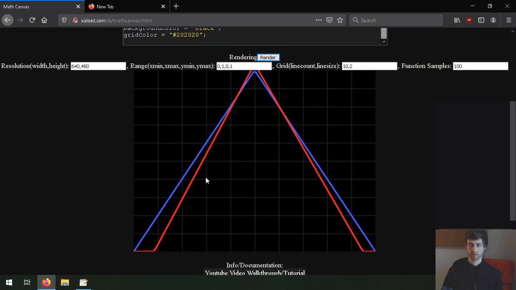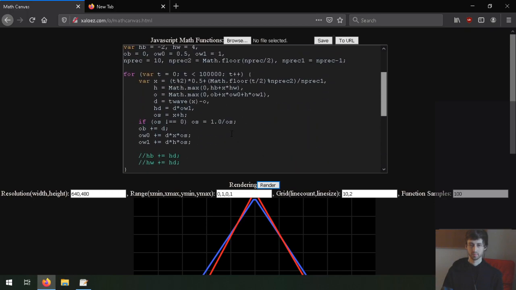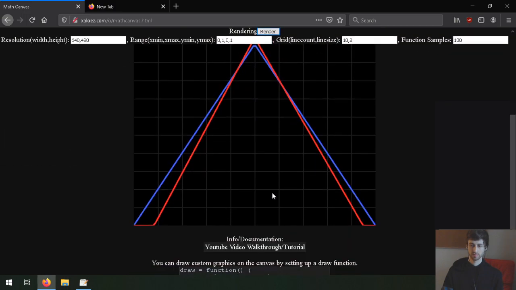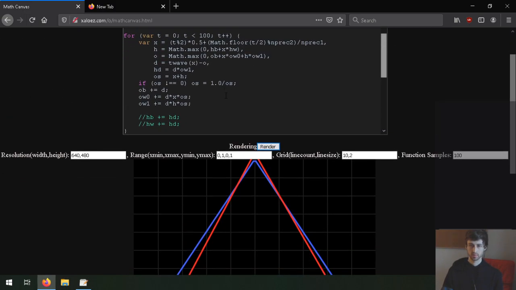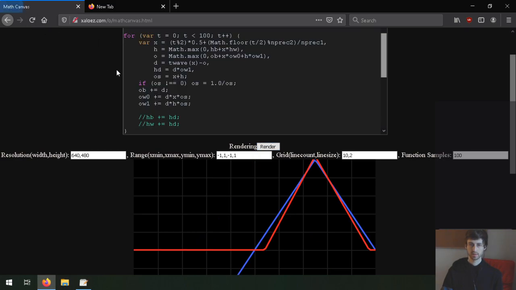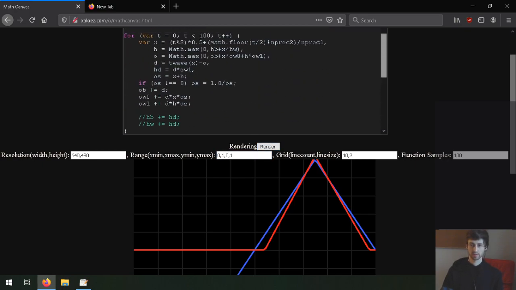Oh yeah, it actually got very close there. Try 1,000. Let's try 100. Is that actually the same? I don't believe that's the same. Maybe it is. Okay, what about 10 iterations?